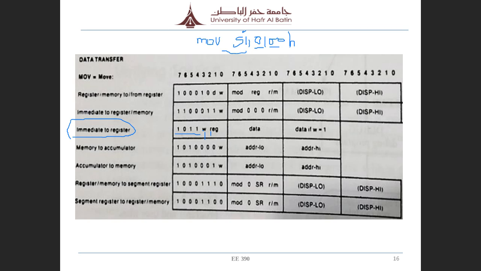So what is the first byte now? It is complete: 1011 means B, and then 1110, so it is E.